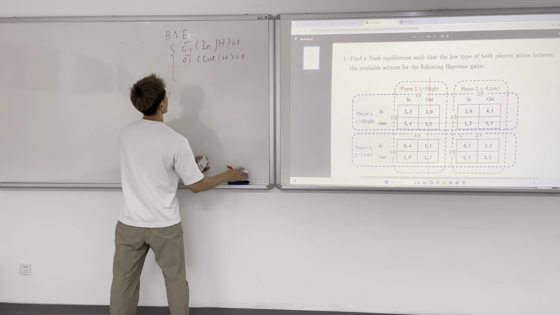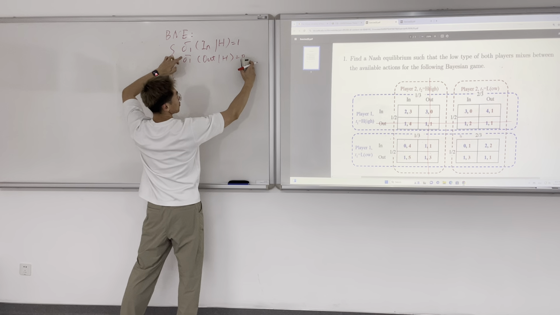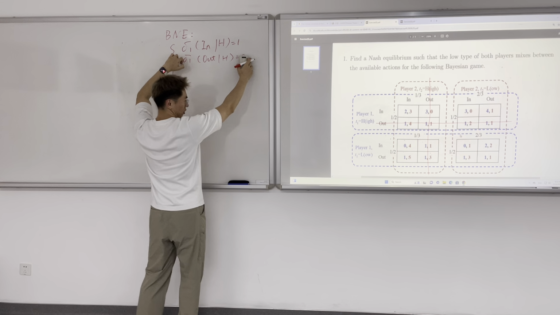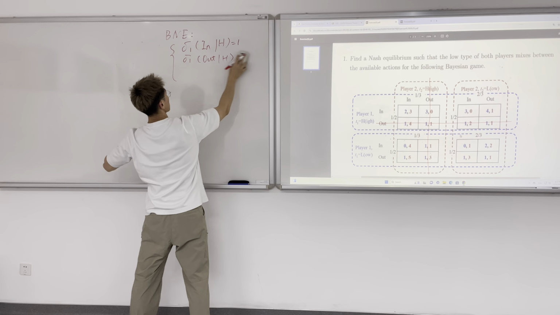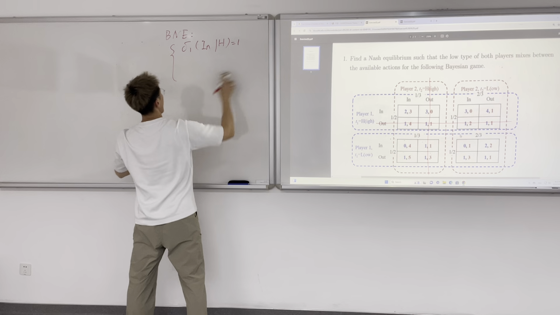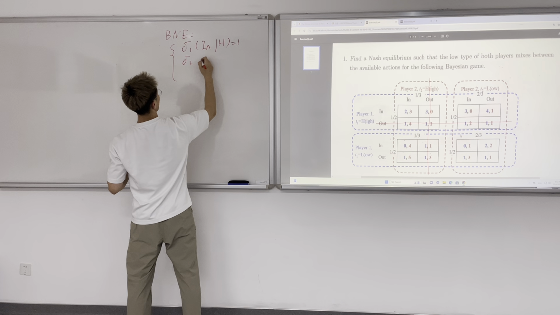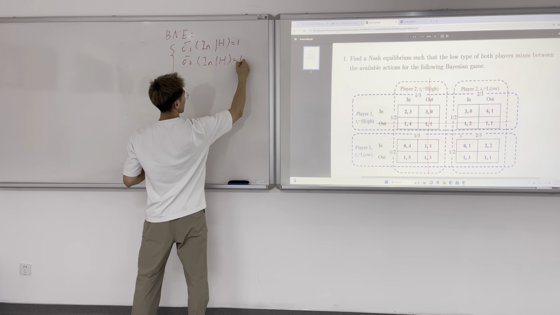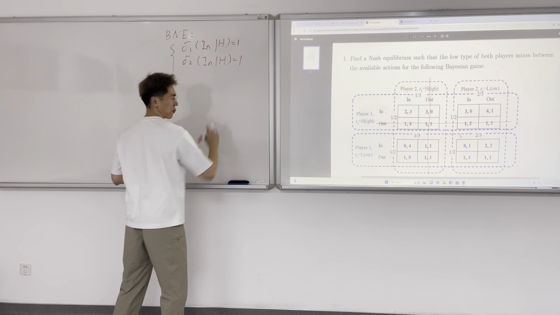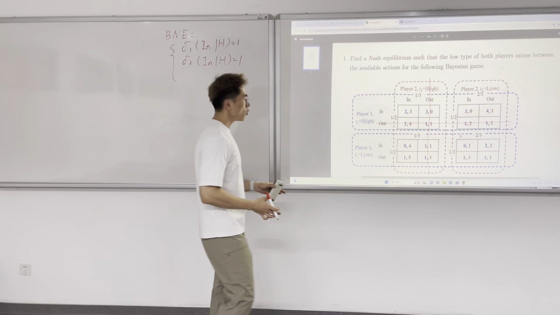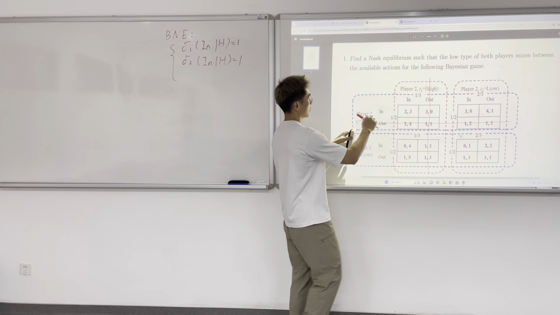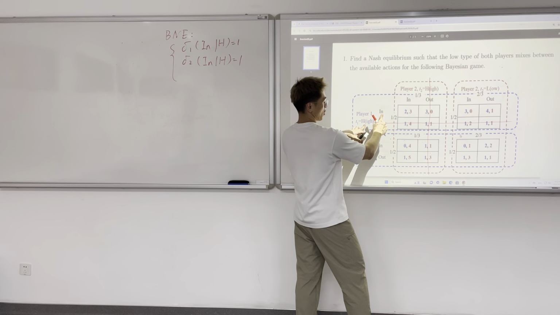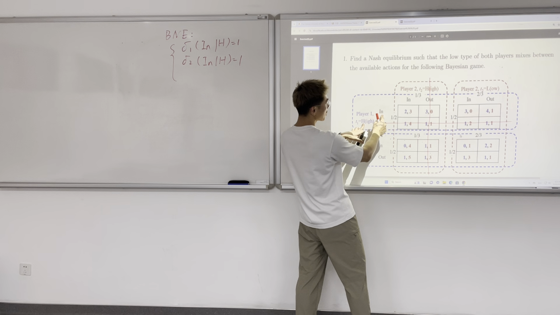Then we can write here, as both functions have the same meaning, I will just erase the second. And for player 2, if it is high type, the probability of playing in is also 1.